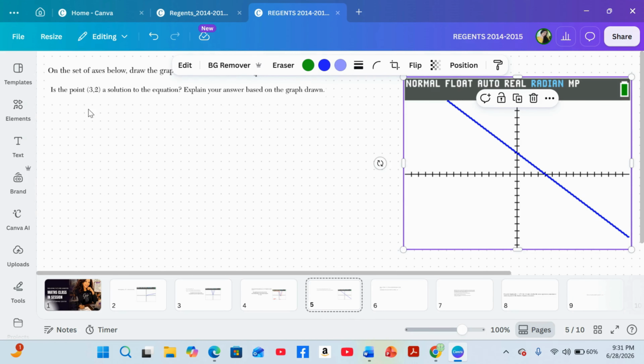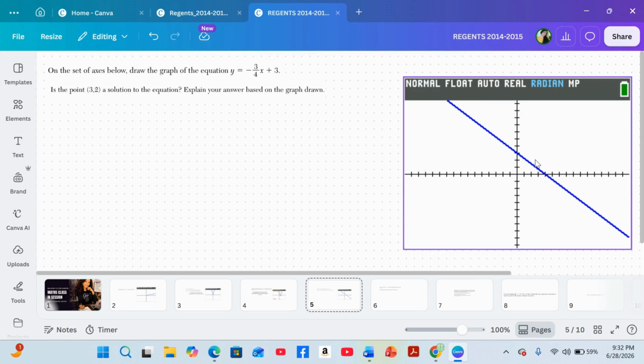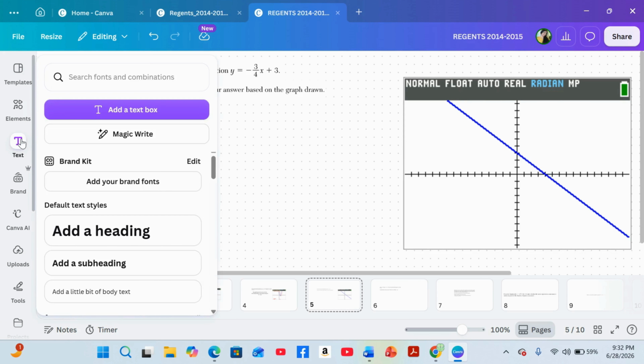Okay, so the second part: is the point (3, 2) a solution to the equation? Explain your answer based on the graph drawn. 3, 2 is 1, 2, 3, 1, 2. So that's a no because it's not on the graph.